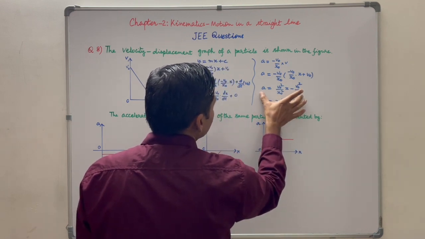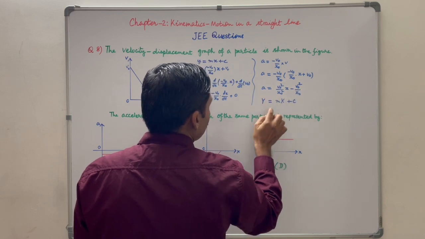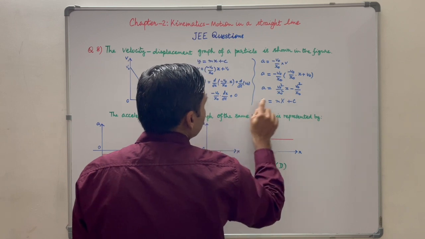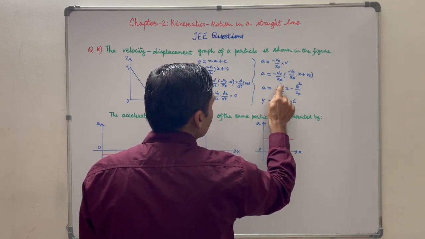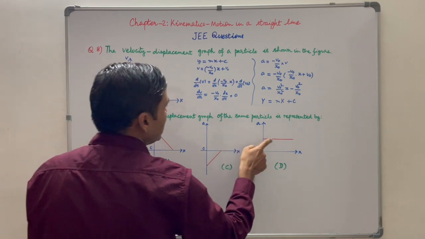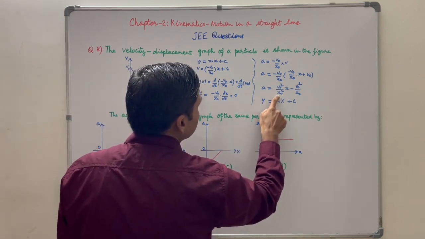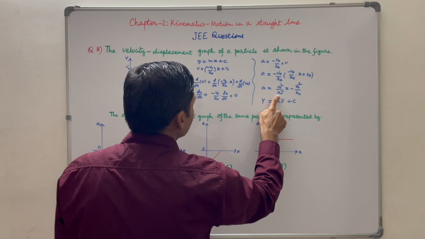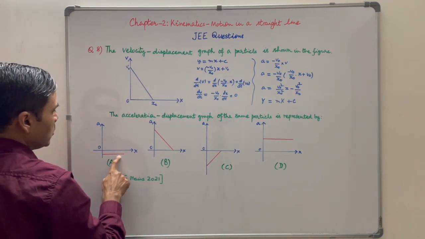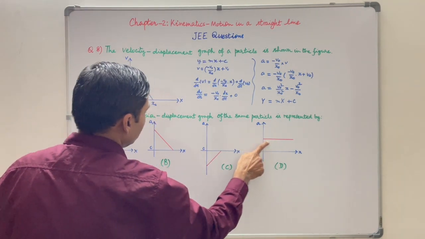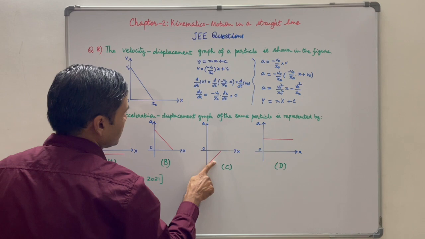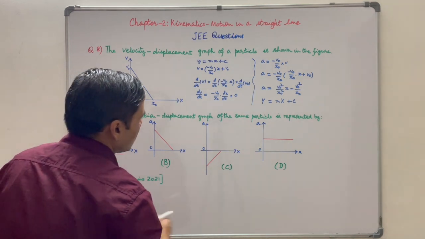So a-x equation also can be written in the form y is equal to mx plus c, where m is v0 square upon x0 square, means this line must be having positive gradient, means positive slope. So among these lines, which line has positive slope? This line has zero slope, this line has zero slope, and this line has negative slope. Only this line has positive slope. So this is the correct option.